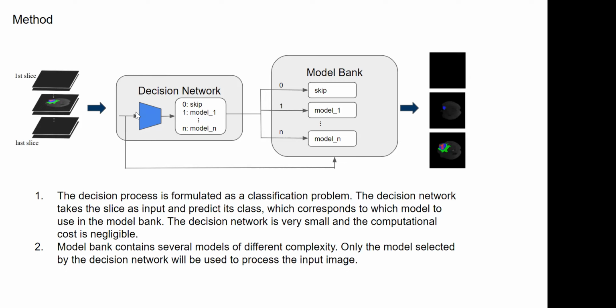It takes the input and predicts which class it belongs to. Class 0 corresponds to skip, 1 corresponds to model 1, and n to model n. After we select the model, we use it to segment the input slice. In this way, we can achieve dynamic inference based on the input.